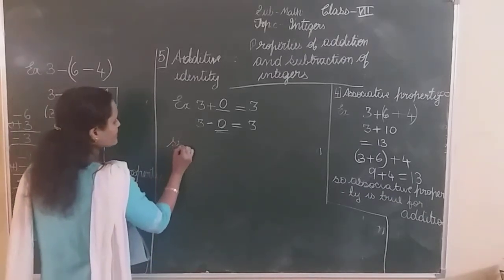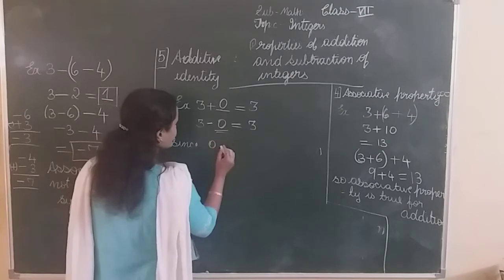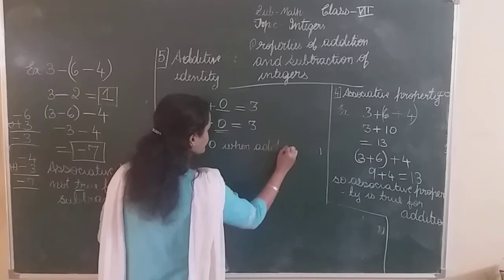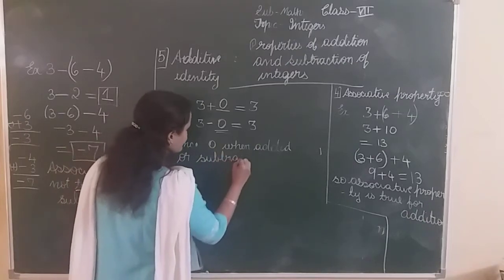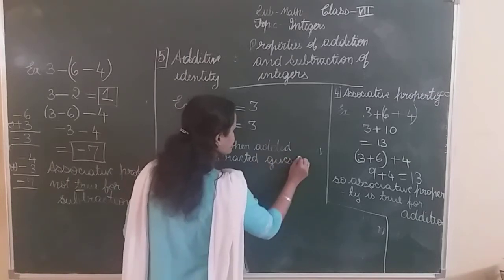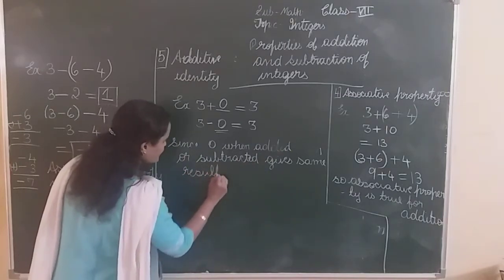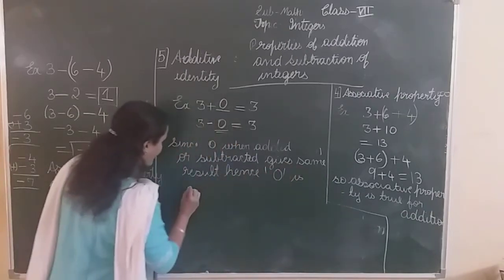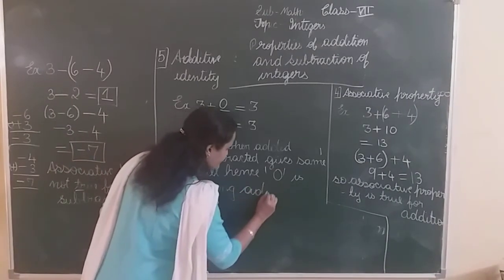So, we will write it in this way: since 0 when added or subtracted gives the same result, hence 0 has additive identity.